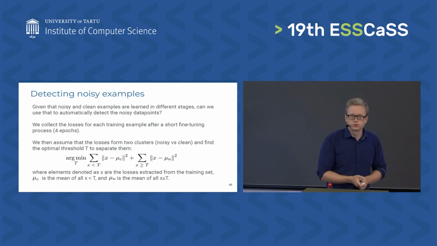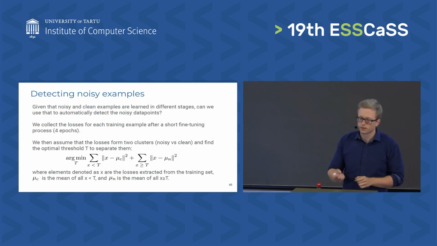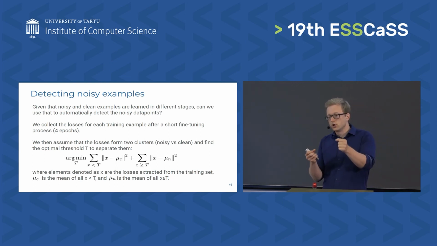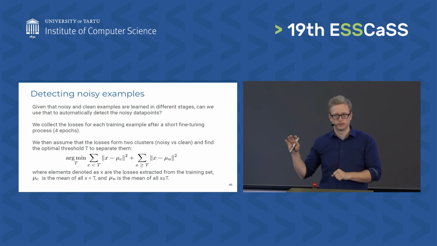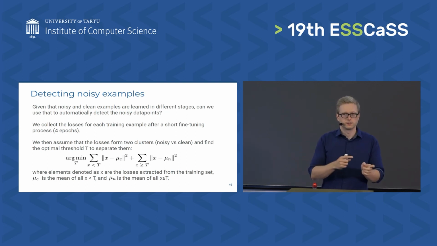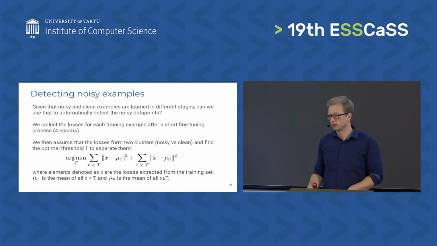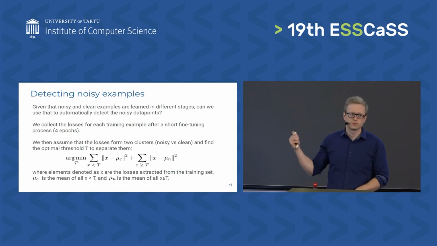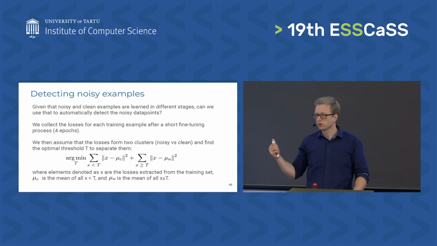So these results showed that learning of the general patterns gets separated from learning of specific data points. And we wanted to see if that allows us to actually identify which are the noisy data points. So we trained our model for a number of epochs, for 4 epochs in this case.